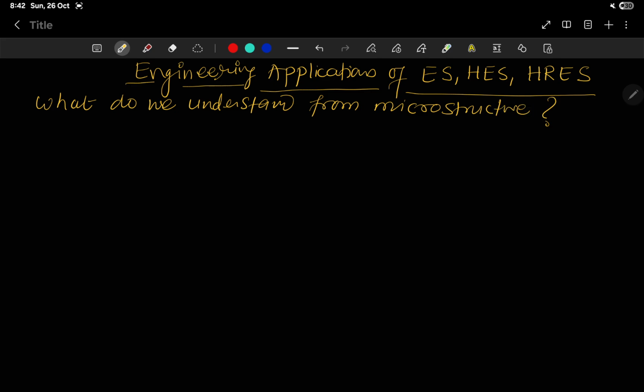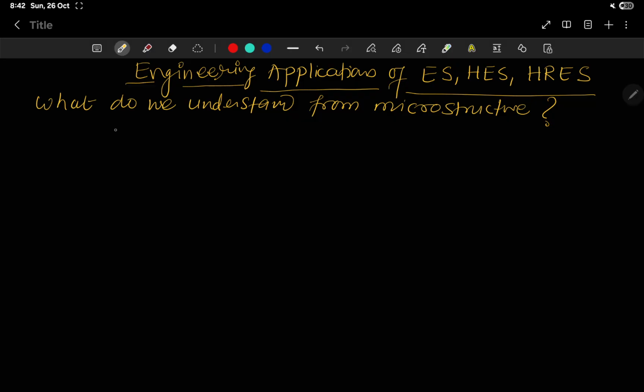Now this question comes to our mind, right? So let's try to explore what are the properties corresponding to each microstructure.